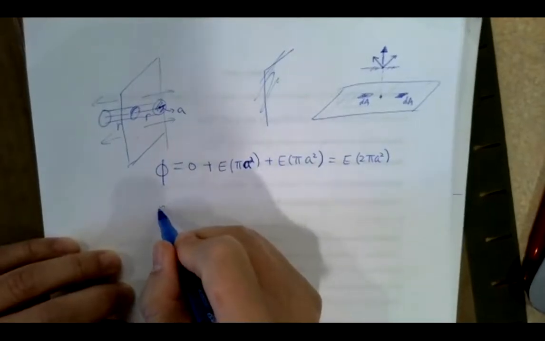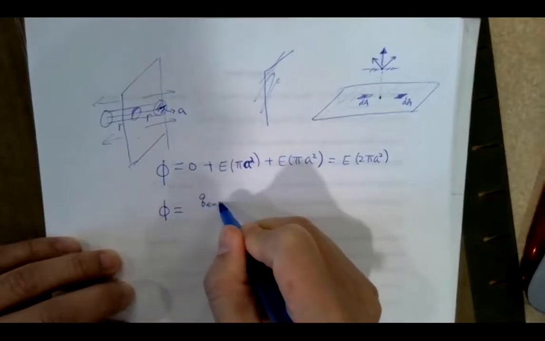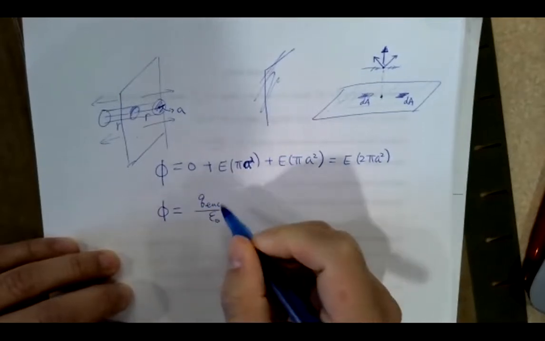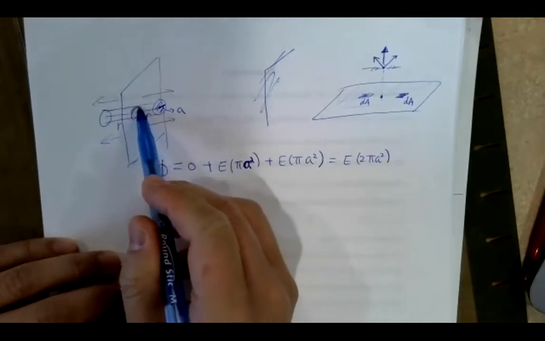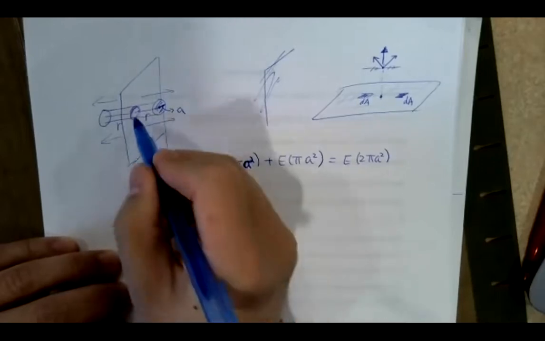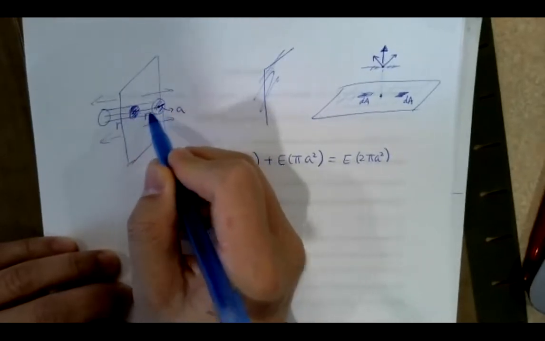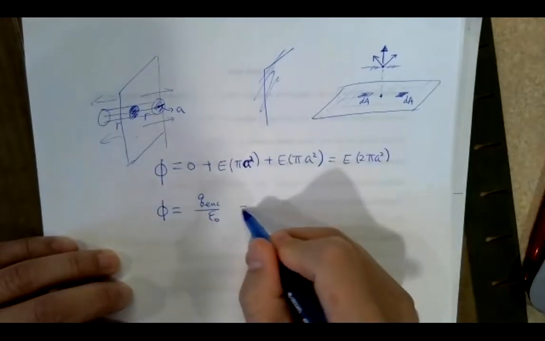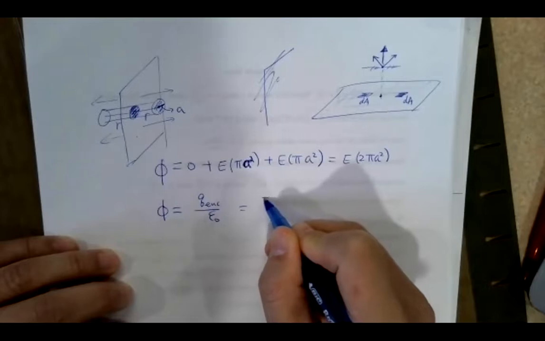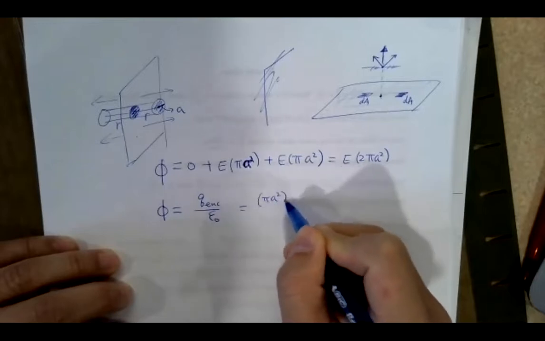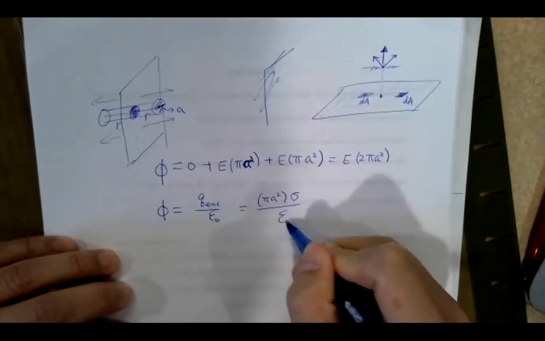Now, the flux given by Gauss's law should be equal to Q enclosed divided by epsilon naught. Q enclosed by this body will be just the charge of the surface that intercepts with the cylinder. That would be the area, pi A squared, times sigma, the surface charge density, over epsilon naught.